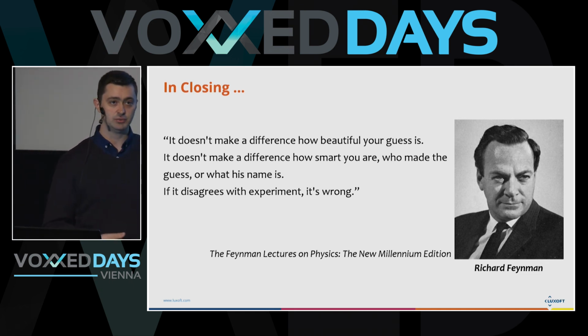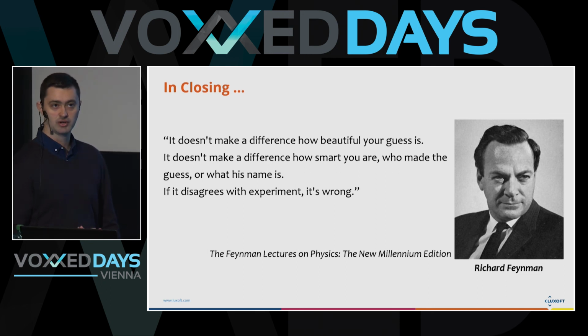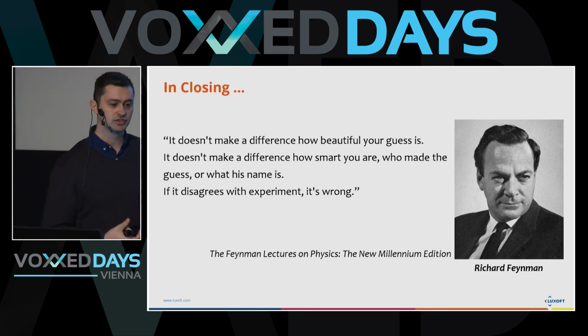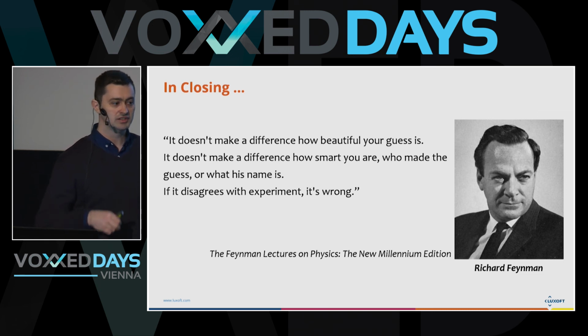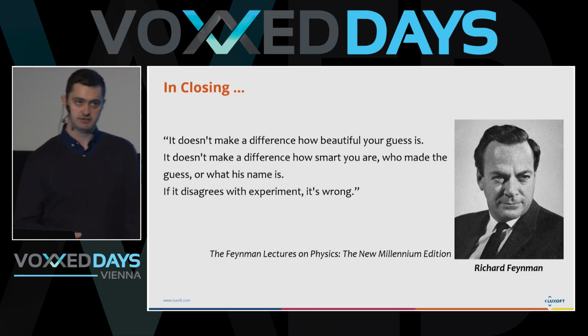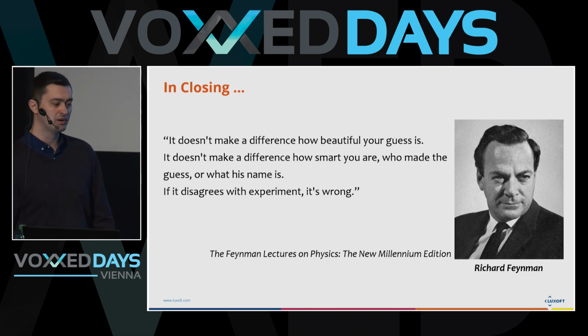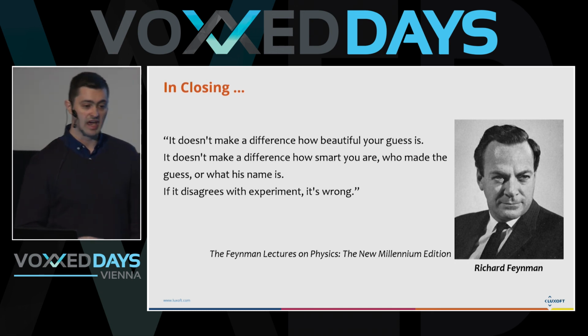If it disagrees with the experiment, it's wrong, it's nothing. That's why during this talk I studied from the very high level, from the Java code down to the native code, mainly to understand what's happening under the hood and to prove the optimizations. Otherwise, if we don't have a good experiment, it's still a guess.